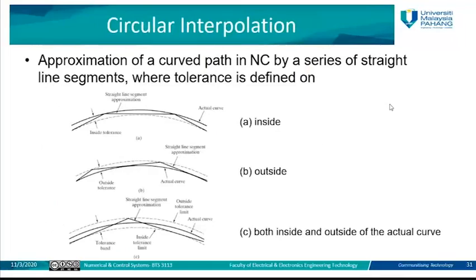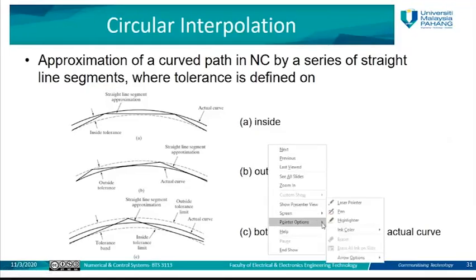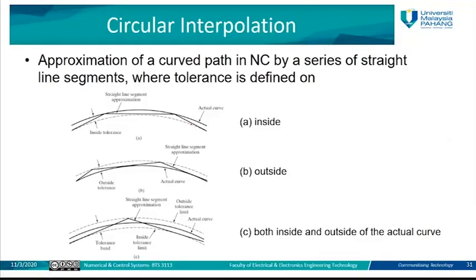This difference between the two paths, we call it the tolerance. In the circular interpolation here, we have three types of tolerance. We have inside tolerance. That means when we draw the generated line, this is the actual curve, which is the continuous path. And here is the line that will be generated to approximate the circular, because when we follow coordinates of 2 points, we can only draw lines.